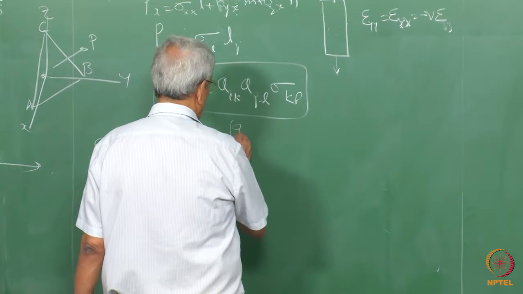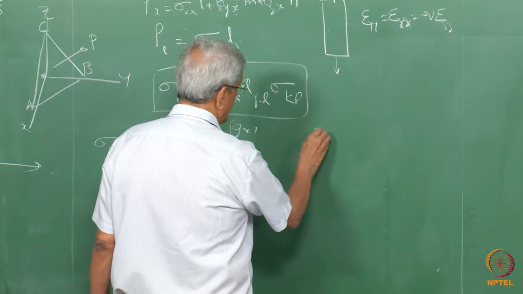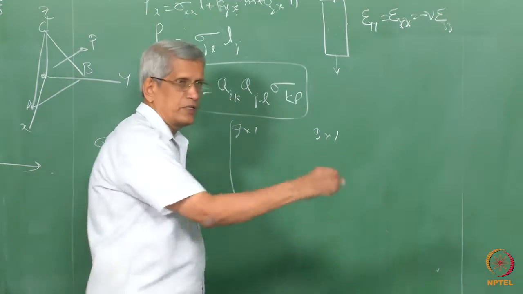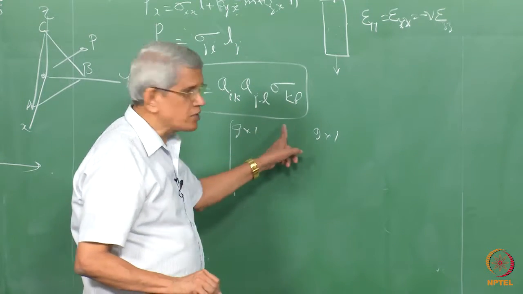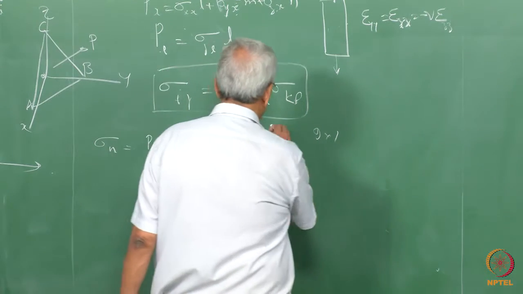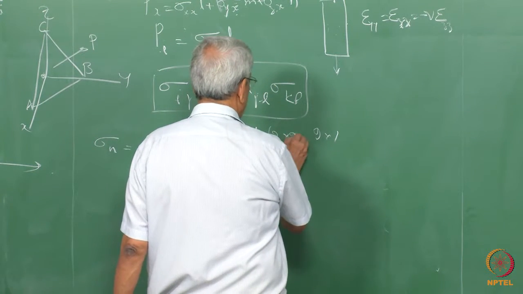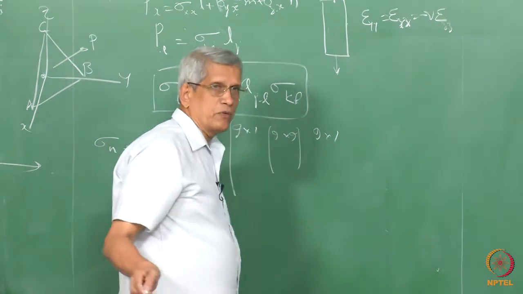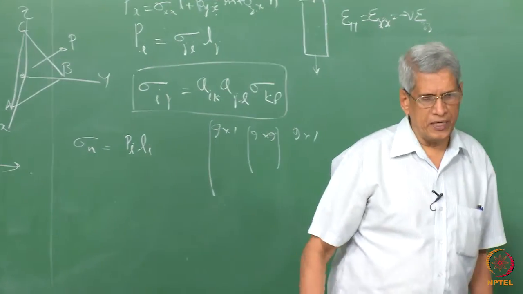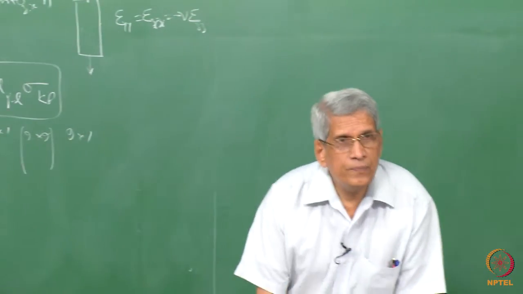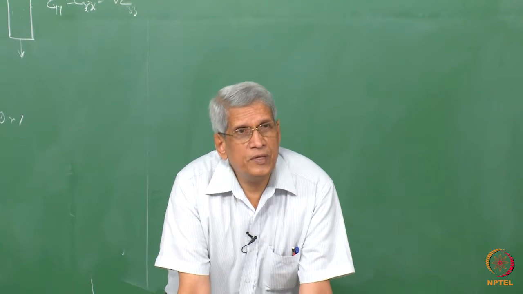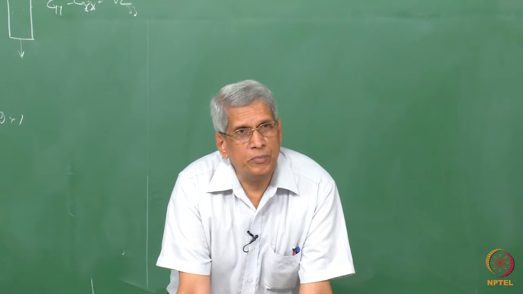So a 9 by 1 matrix, and here another 9 by 1 matrix. In an equation form, each equation will have 9 terms. So essentially this will be a 9 by 9 matrix which will be required, with the components of the property. This 9 by 9 means 81 components are going to be there.